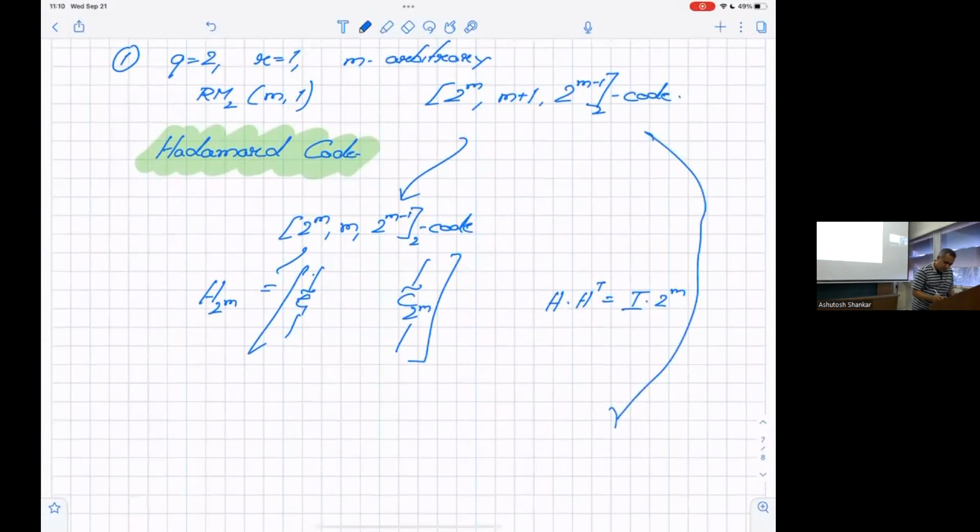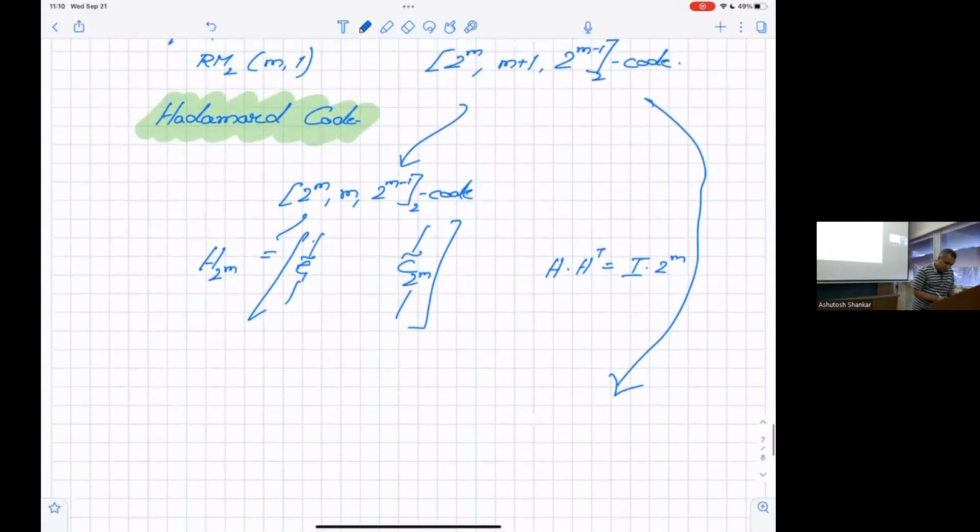There's another code in which you can drop the evaluation at the all zeros point, 0 power m. So you will get this.